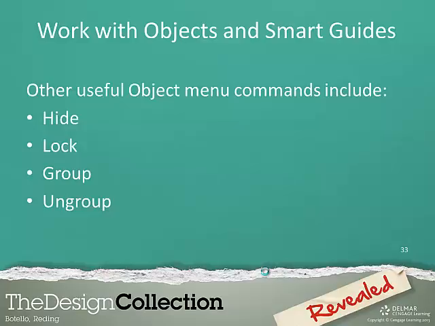Grouping objects is a smart and important strategy for protecting the relationship between multiple objects. When you click on a grouped object with the Selection tool, all the objects are selected. Thus, you can't accidentally select a single object or move it or otherwise alter it independently from the group.